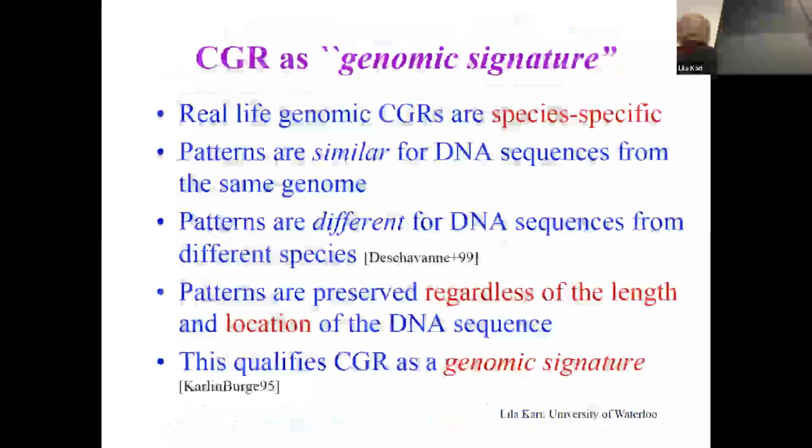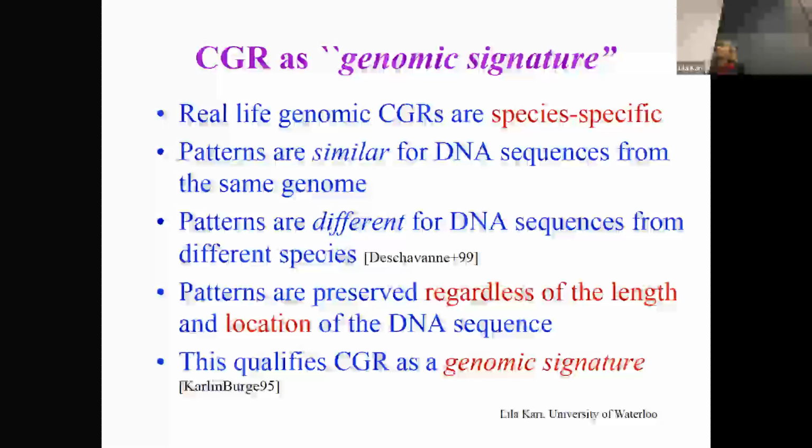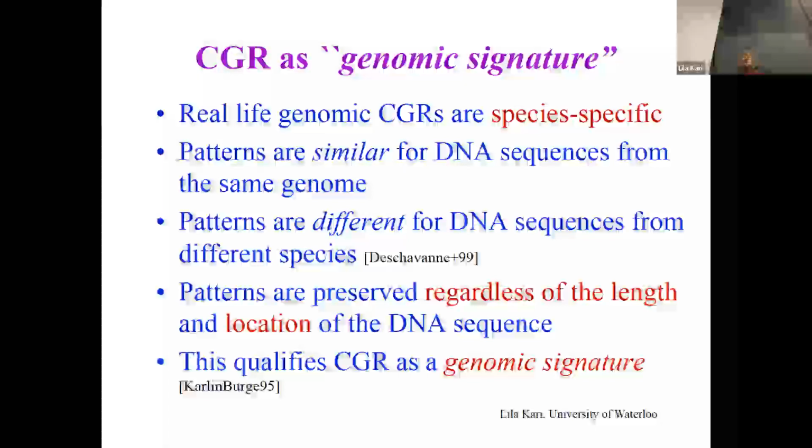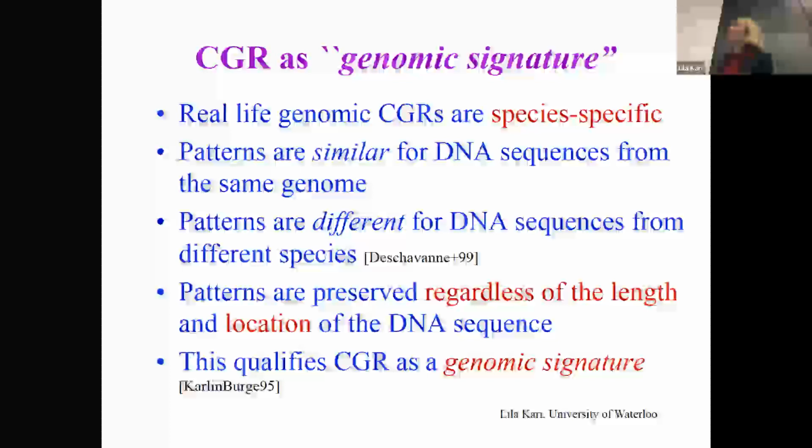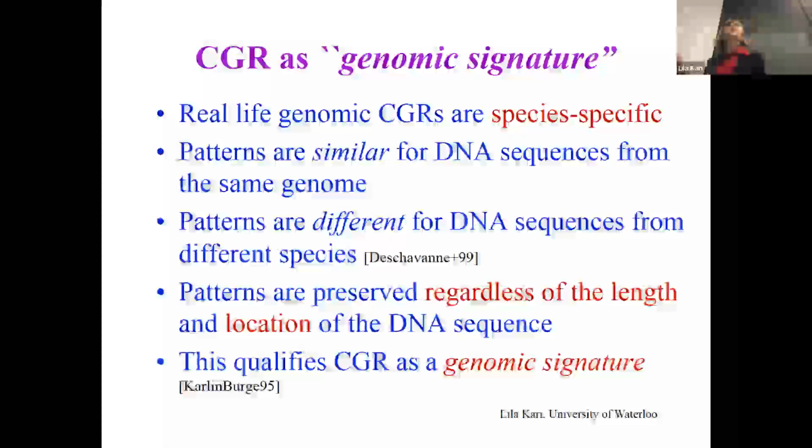And actually, this brings me to my point. The interesting thing about this chaos game representation of DNA sequences is they can act as a genomic signature. In what sense? In the following sense. Real life genomic CGRs are species specific, in the sense that the patterns are similar for DNA sequences taken from the same genome.